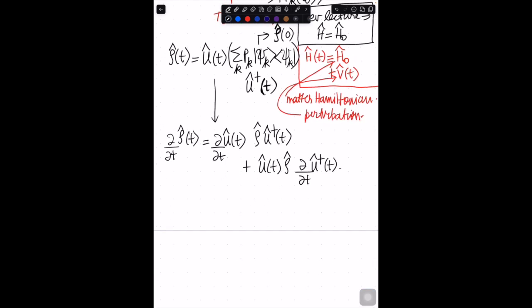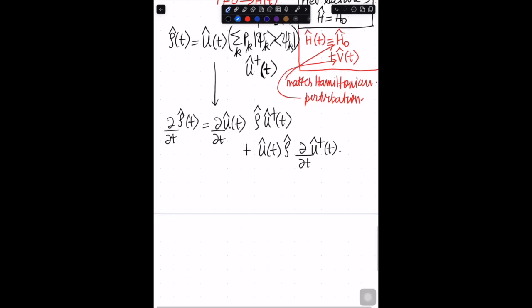So how do we evaluate these terms? These terms are evaluated from the time-dependent Schrodinger equation. So you have your time-dependent Schrodinger equation, dou by dou t of psi of t is equal to minus i over h bar times the Hamiltonian acting on psi of t.